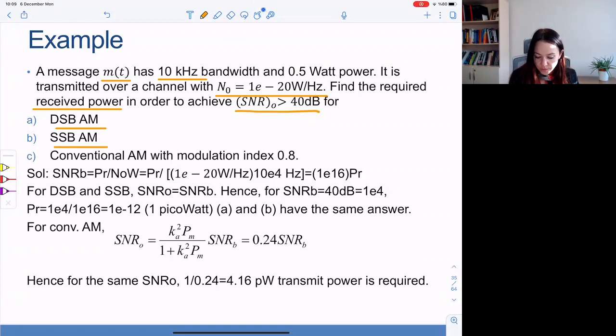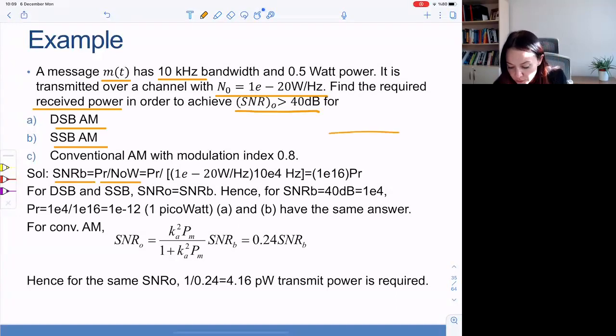So first of all, compute the SNR_B. SNR_B is the message signal power divided by the noise power in the message bandwidth, remember? So we're talking about N_0 over 2, and this is 2W.